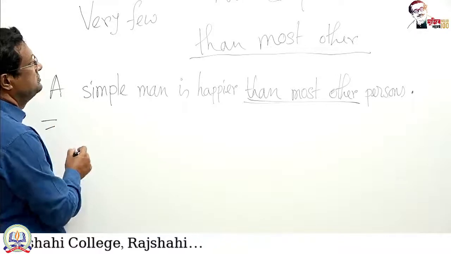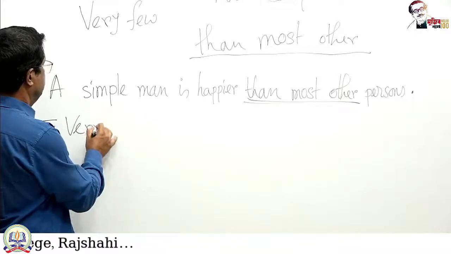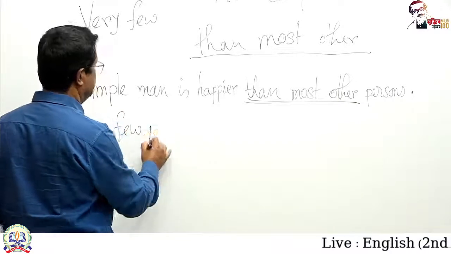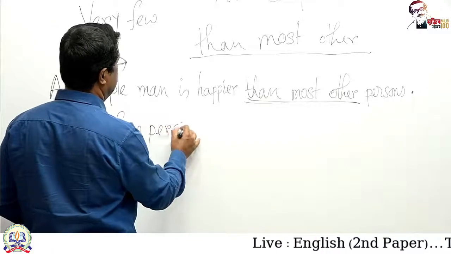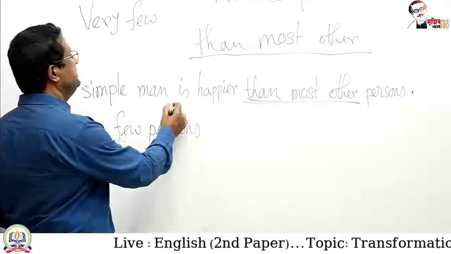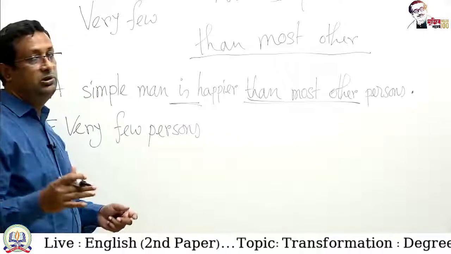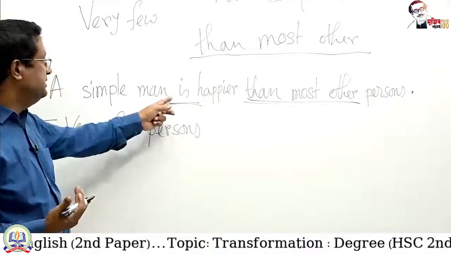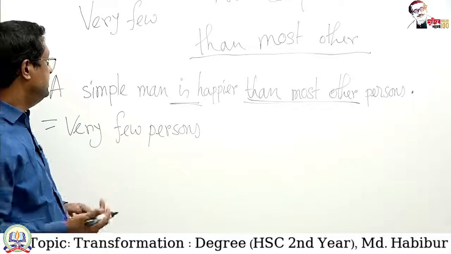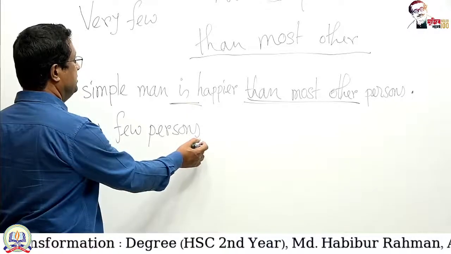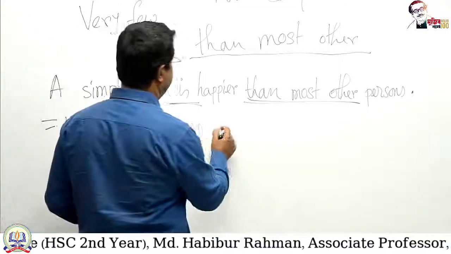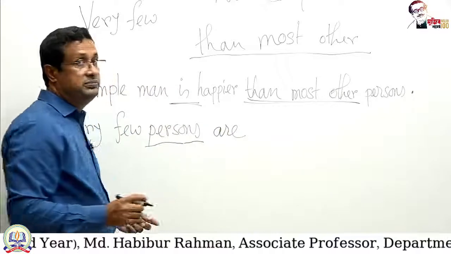So, very few persons. Then verb. Verb is. But will we use is here, or we will use are? Certainly are. Why? Because of persons, not person. This is plural. So are. Negative are not?